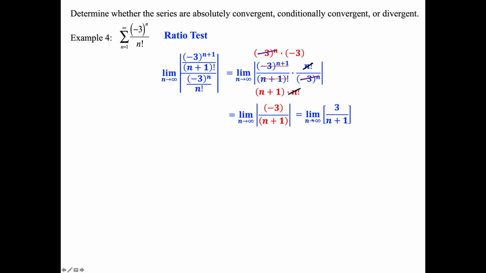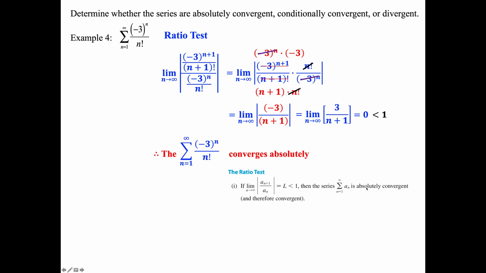As n goes to infinity, this is going to get infinitely large, so this is 0. And that's less than 1, and based off of our ratio test for condition number 1, our series is going to converge absolutely. So on the test, you will write down the series, whatever it may be, converges absolutely by the ratio test.